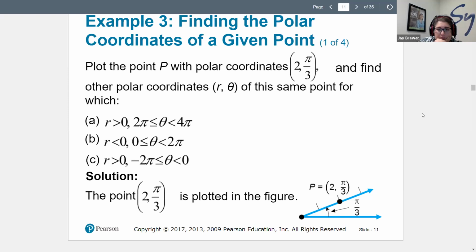So if we were to consider condition A, which is r greater than 0, and that the angle is falling between 2 pi up to but not including 4 pi, what do you think we can do?